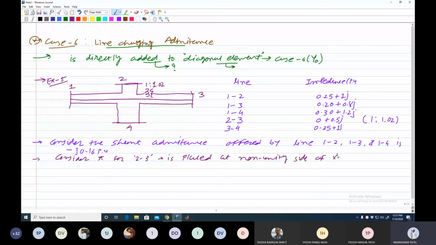So here the pi model is given for line 2, 3.